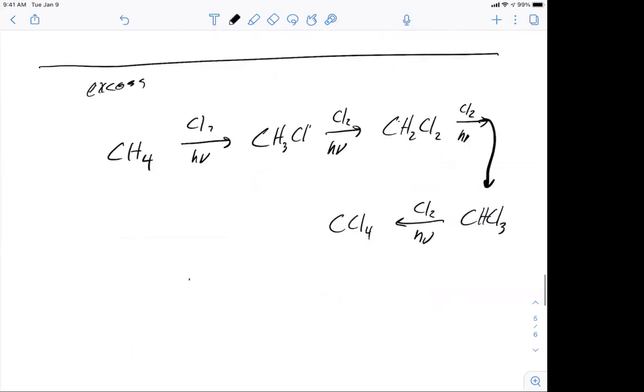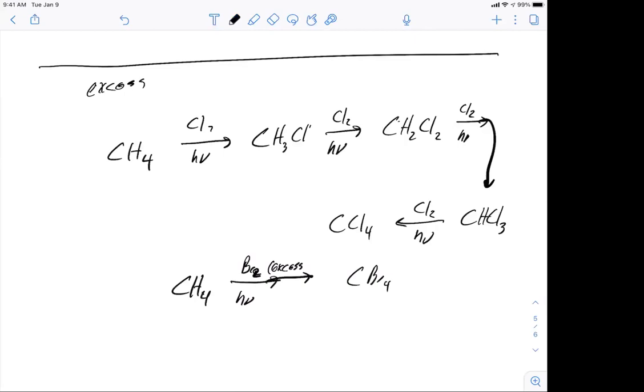Sometimes you'll see this just shown as the bromide in excess. And if you let this continue, if you give it enough time, this will be your only product. Okay.